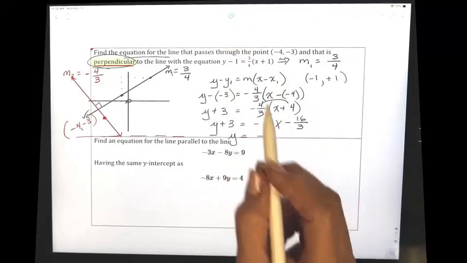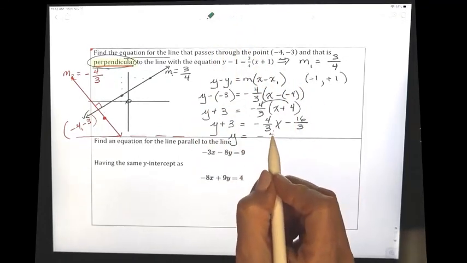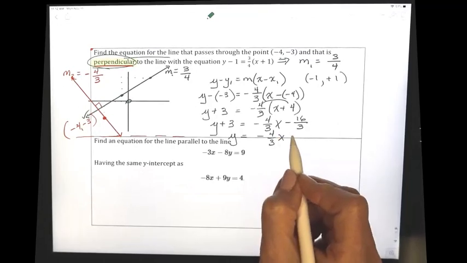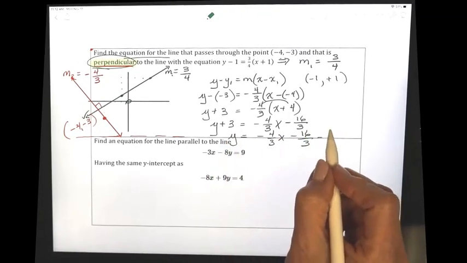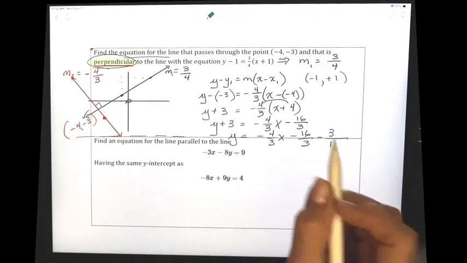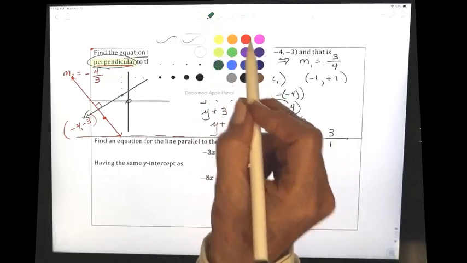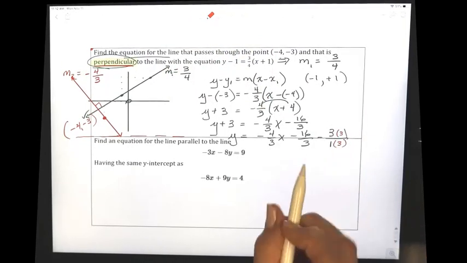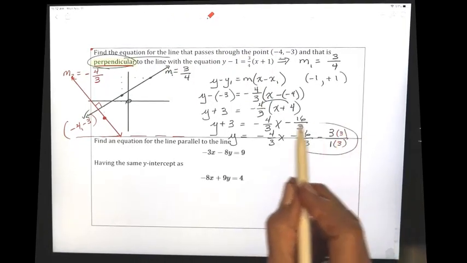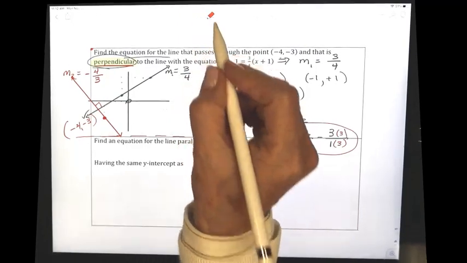Hold on. It's acting weird. There we go. So on this last line, I'm subtracting 3 from both sides. And you've seen me do this before. I've got to get everything into the common denominator 3 here so that I can combine those last two terms.